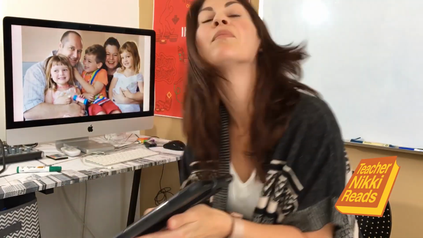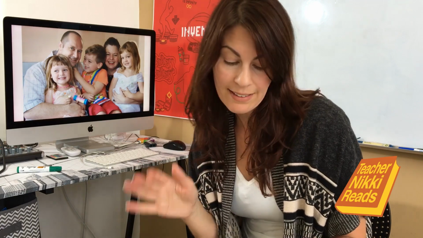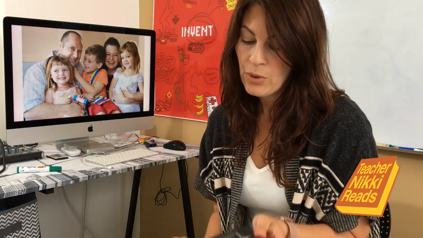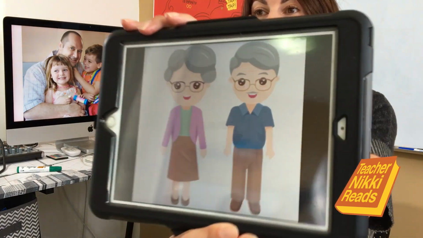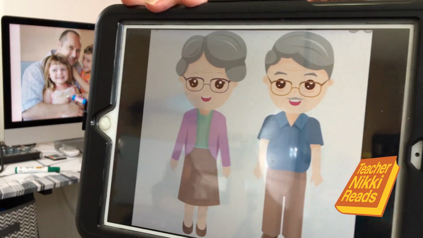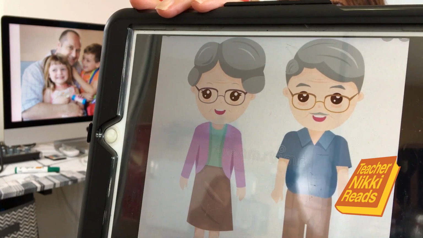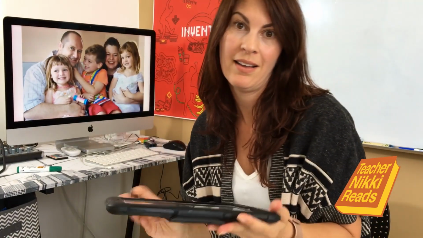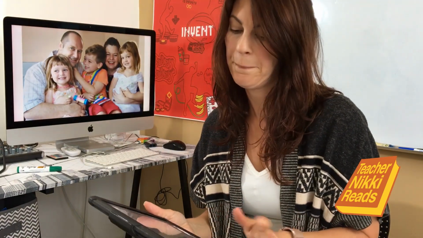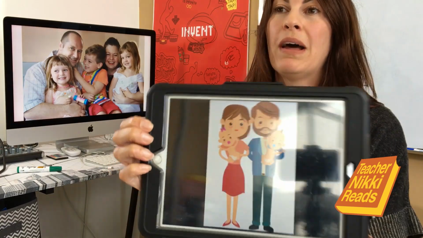Okay, so those are some family members and their names in Spanish and in English. Who are these two people? What do we call them in English? Grandma and grandpa. How about this?